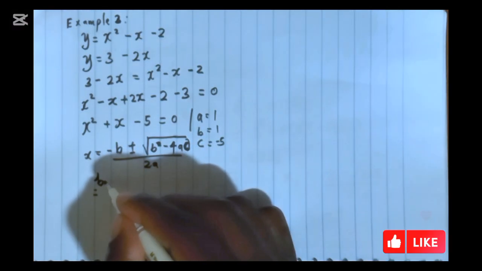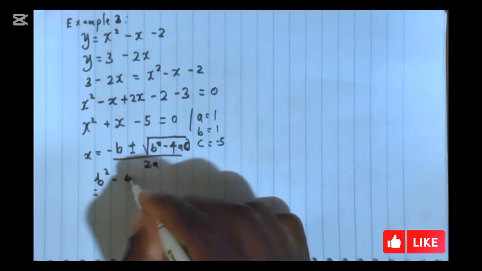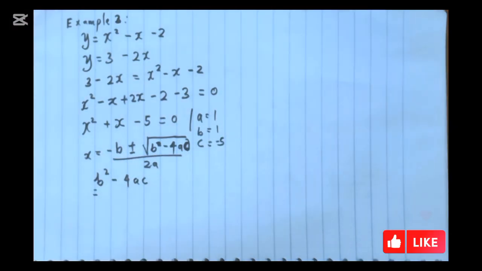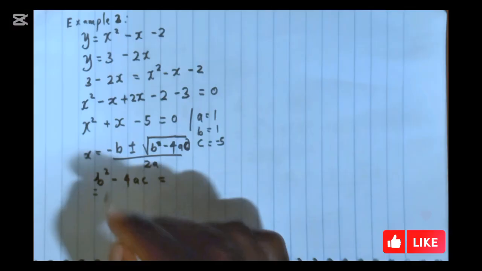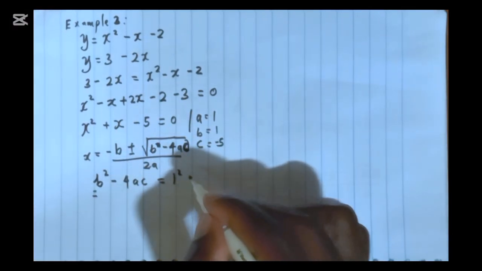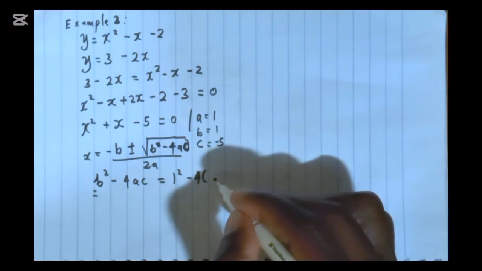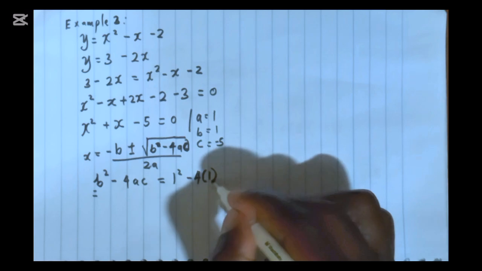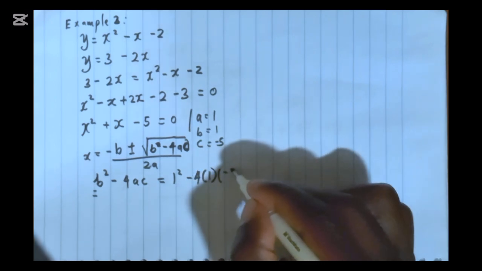So we know that b squared minus 4ac will give us the value of the discriminant. So basically this is going to be 1 squared minus 4 into a, which is 1, into c, which is negative 5.